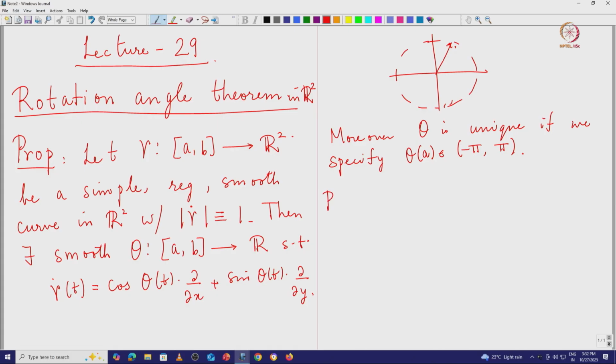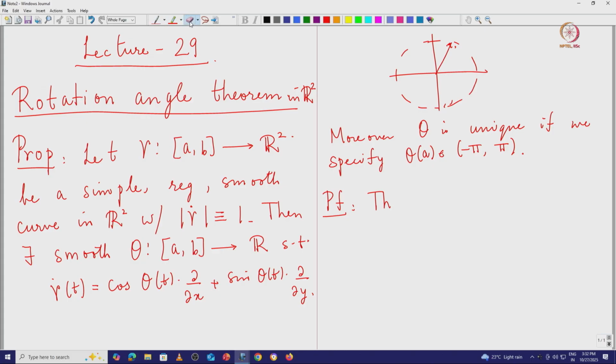Okay, so the proof uses covering space theory. So if you haven't taken a basic course in topology on covering spaces and fundamental groups, you can skip this proof and just take the proposition on faith, right. But if you have seen a bit of covering spaces, then this is a very nice application.